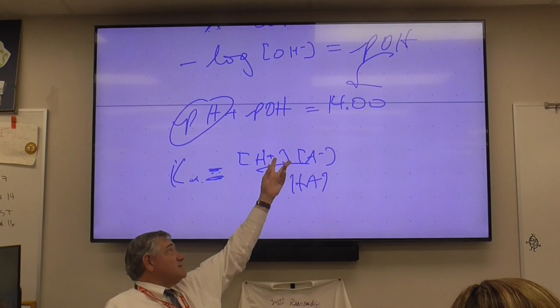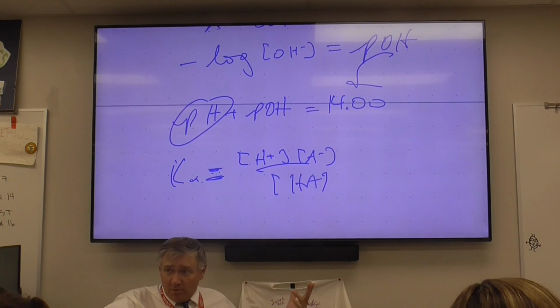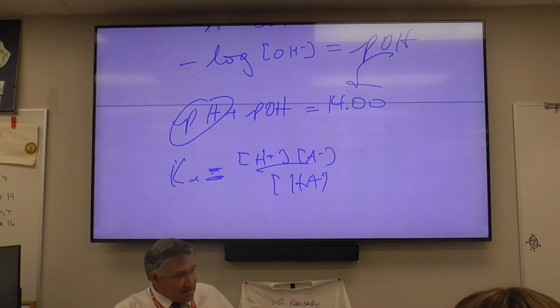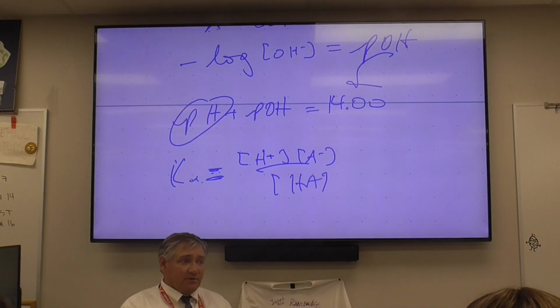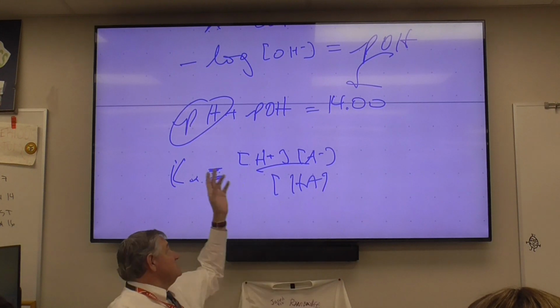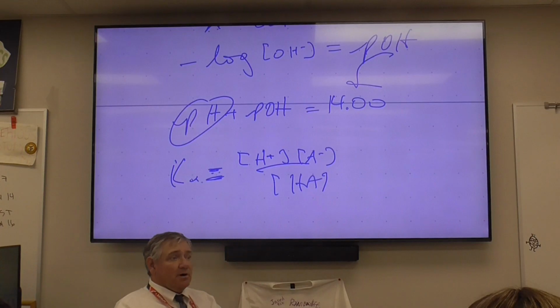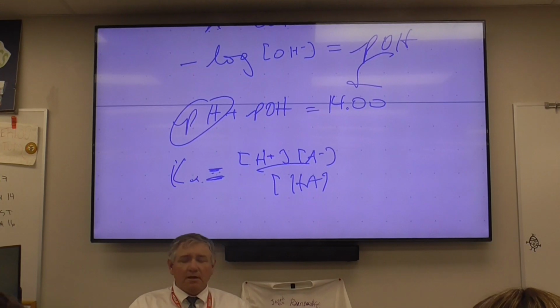If these numbers, because they're multiplied together, are bigger, that means you produce more of the acid. It ionizes more, that means you have a bigger Ka value. If these numbers are exceptionally small, that means you're going to have an exceptionally small Ka value. That's it, okay? Don't stress out.